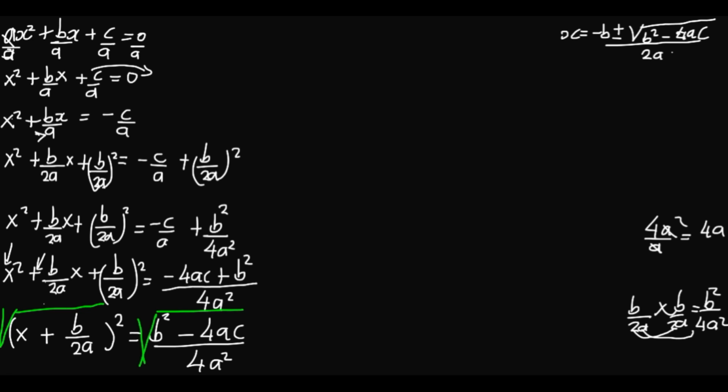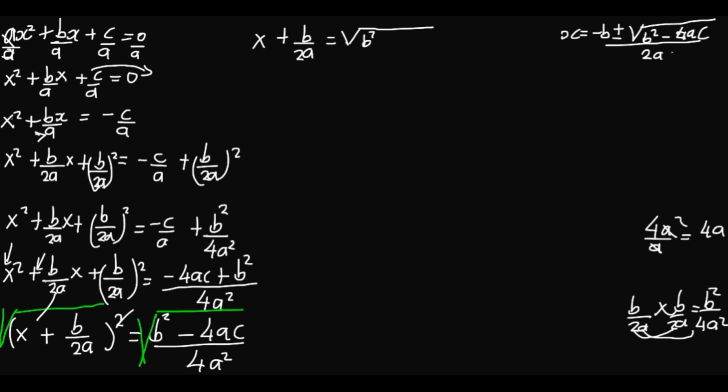Okay, so we can see that this square root will cancel with the 2, giving us x plus b over 2a is equal to. So here we can see that the square root is also affecting the denominator of the equation. Now here we can only find the square root of 4a squared, so the numerator will not change, so the square root will just remain on the numerator part.